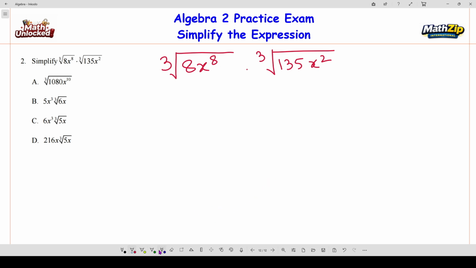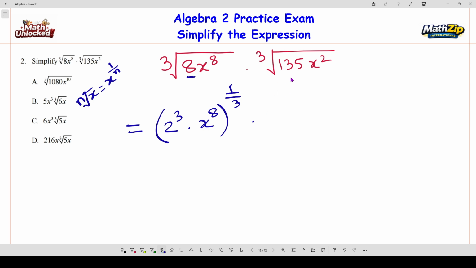First, this 8 we can write as 2 to the power 3, times x to the power 8 will be unchanged, and the whole power, because it is a cubic root, we can write as 1 by 3. How? Because nth root of x, we know, will be x to the power 1 by n.